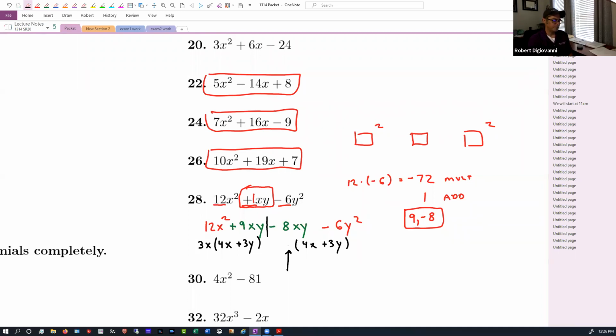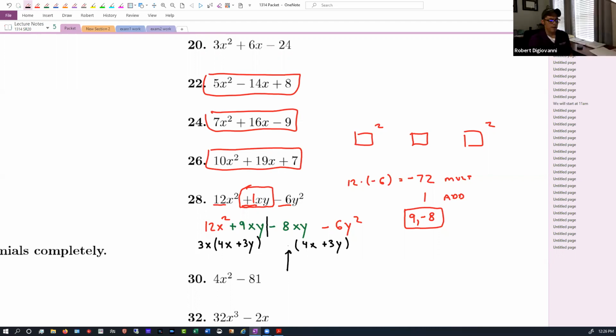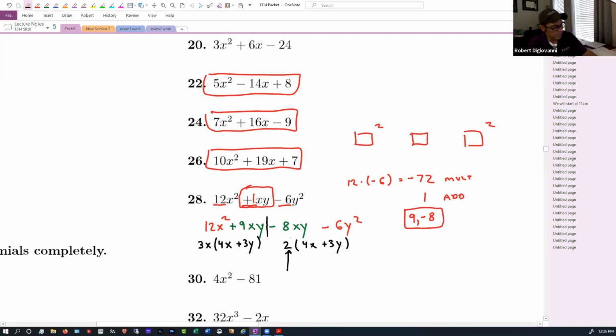Anyone? Positive? Okay, positive what? 2. Okay, so 2. So if we put positive 2, then we multiply the first, aren't we going to get a positive 8xy? I forgot my y, sorry, everyone. Okay, so we need a positive 2, but if we multiply that, we're going to get a positive 8. We need a negative 8, don't we?